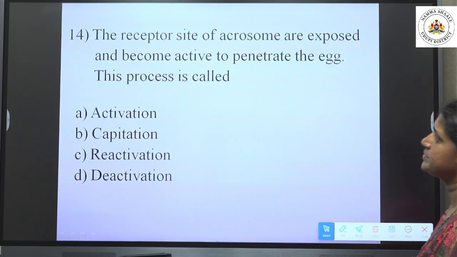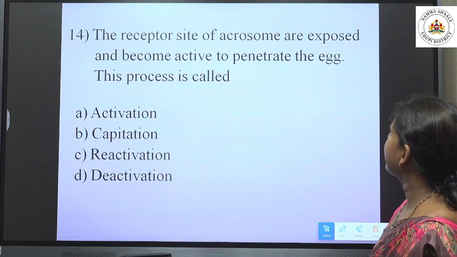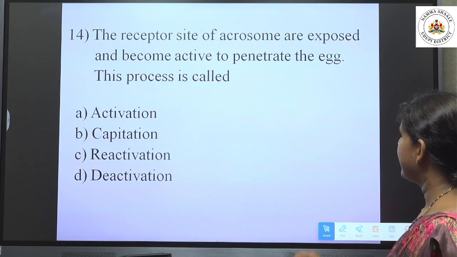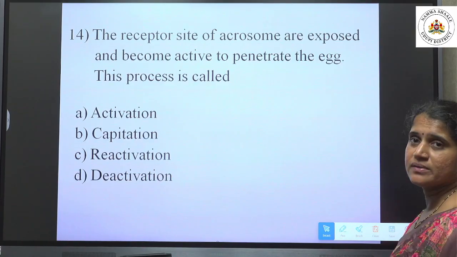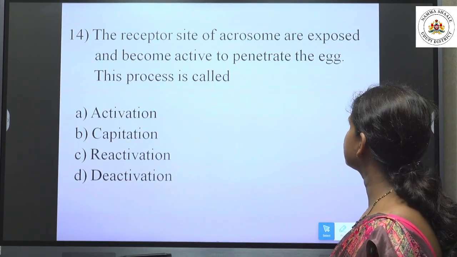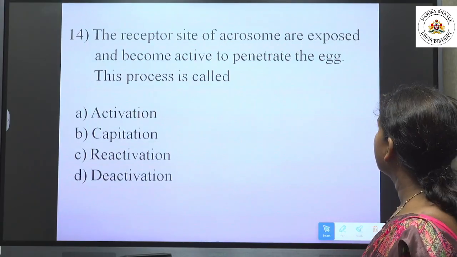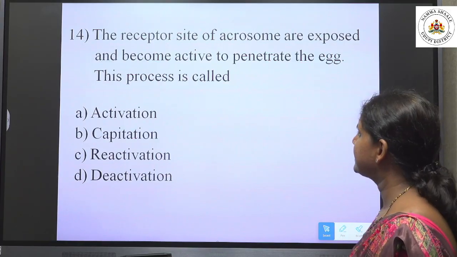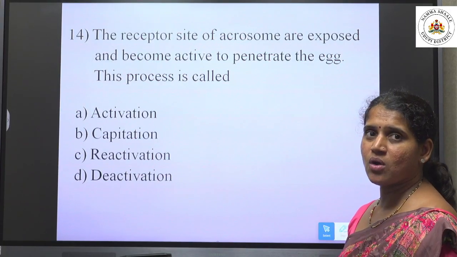Next question. The receptor site of acrosome. So acrosome, you know, is the anterior part of the sperm head, which is covered with a cap-like structure. The receptor sites of the acrosome are exposed and become active to penetrate the egg, and this process is called.